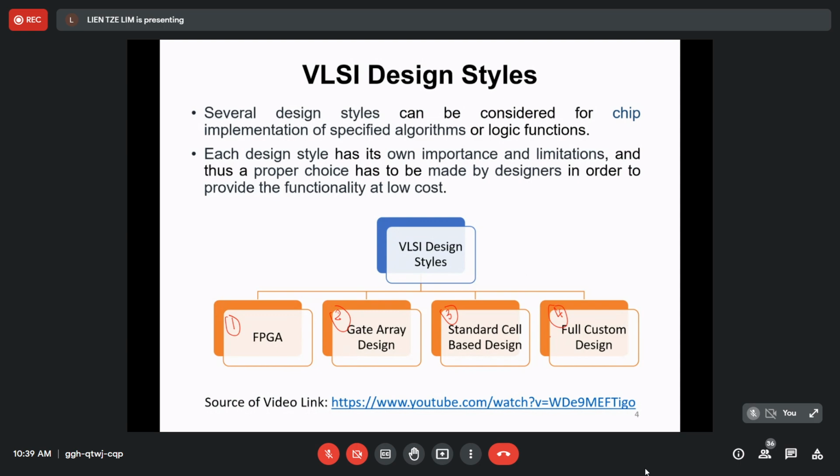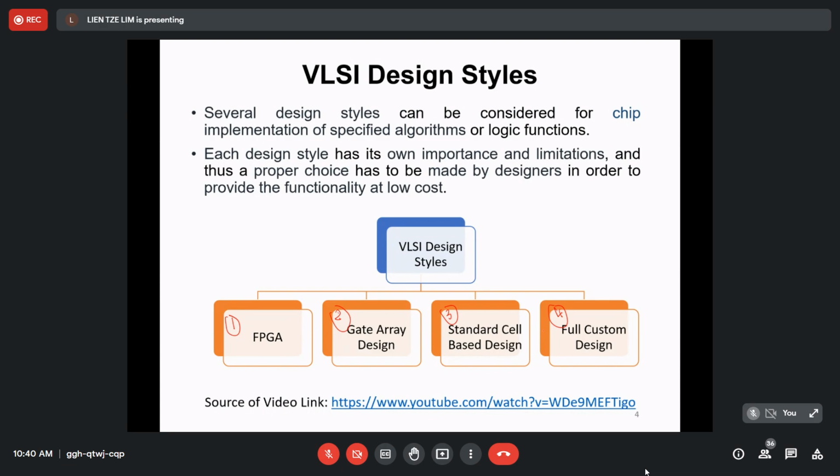These 4 design styles require different design times, and the cost is also different. The applications for designing the IC using different design styles are also different.